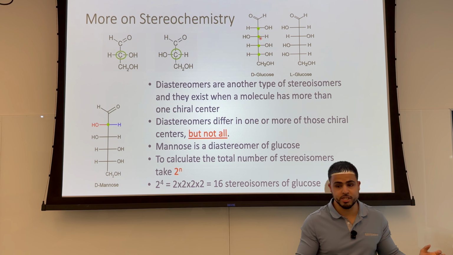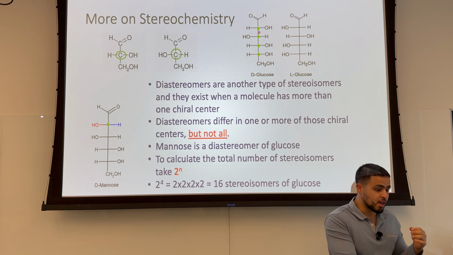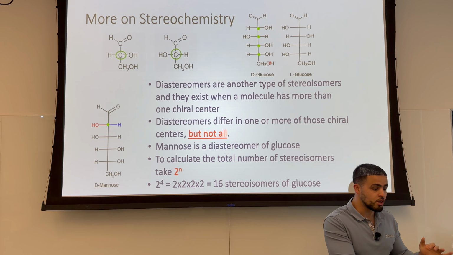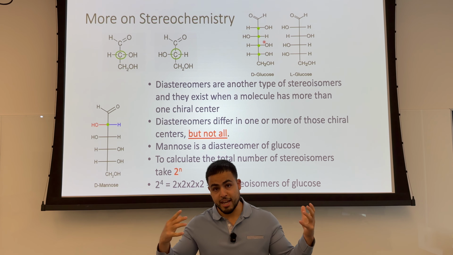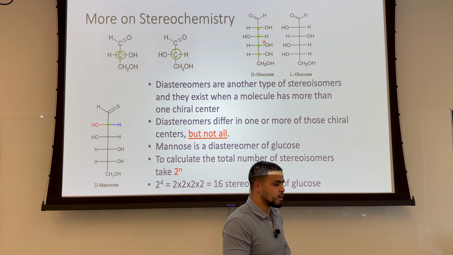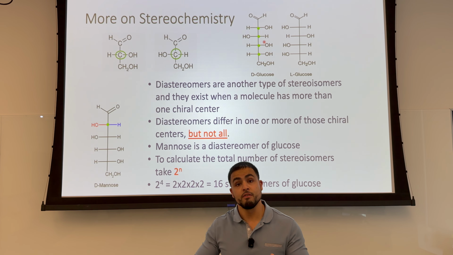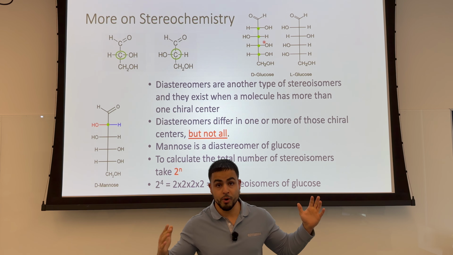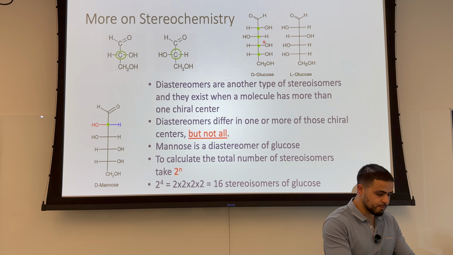For example, when we say we're going to flip 2 chiral centers, it could be the first and second one, or the first and third one, or the first and fourth one, or the second and fourth one. So you can see how those diastereomers really start to pile up. So in the case of D-glucose, it will have 16 stereoisomers total. 15 of them will be diastereomers, whereas only 1 will be an enantiomer, where all the stereocenters have completely flipped.